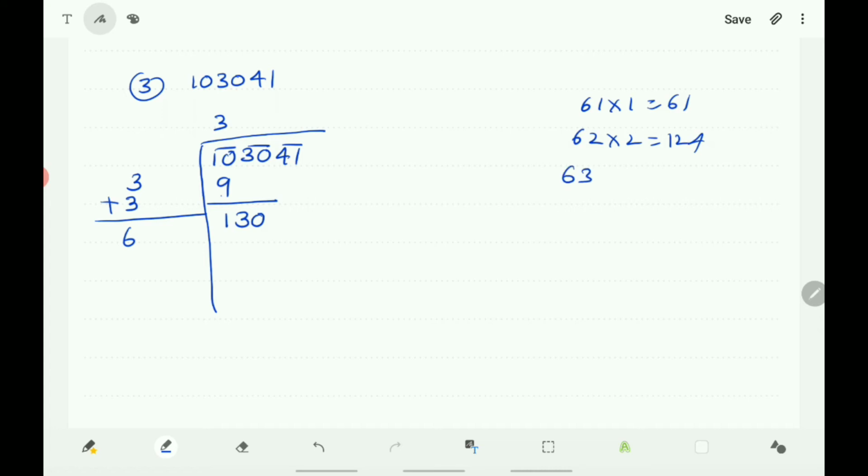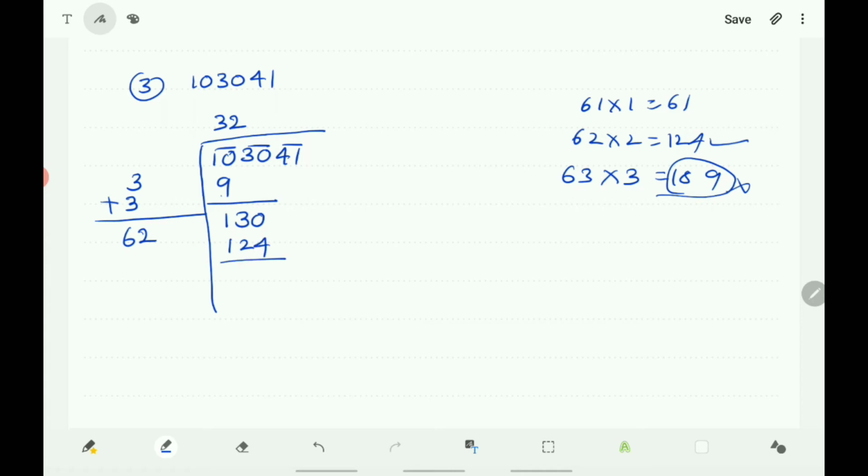If you put 3, 63 into 3, that is 3 3s are 9, 6 3s are 18. It becomes 189, it is more. So you consider 124.